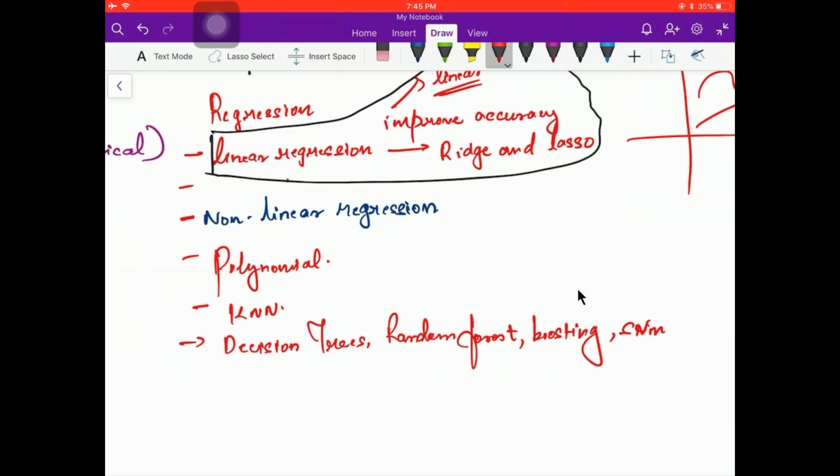Neighbors regression, I think. Yeah, I think essentially these are the things we learned in regression. So these are a part of the non-linear regression.